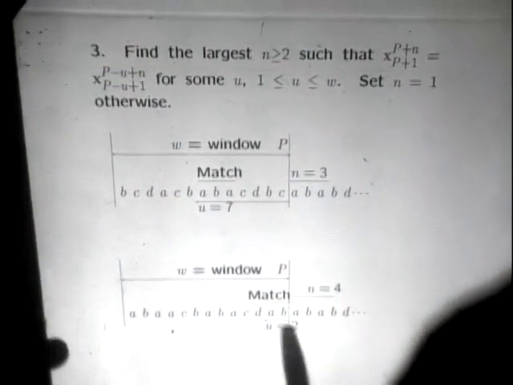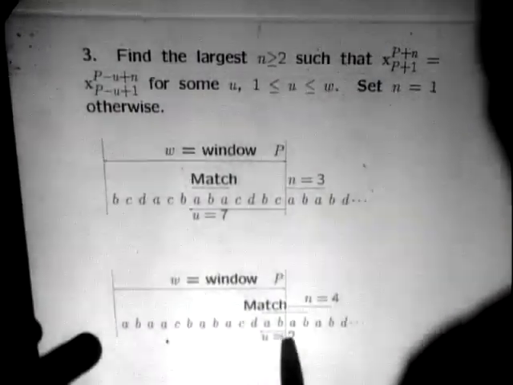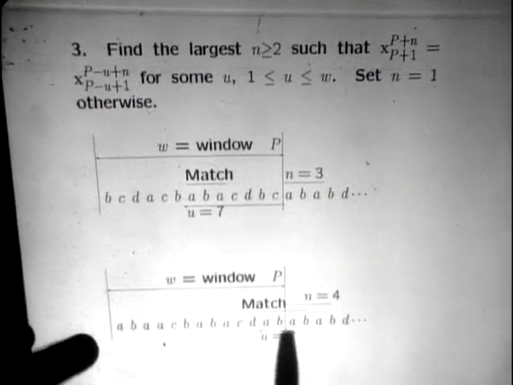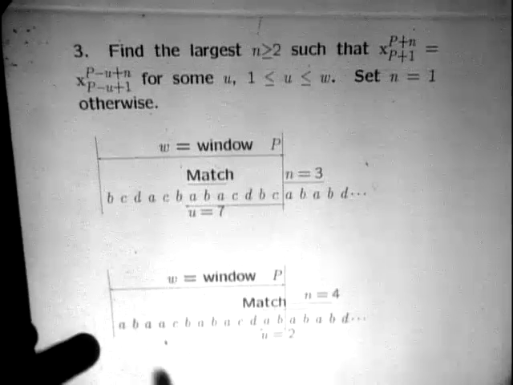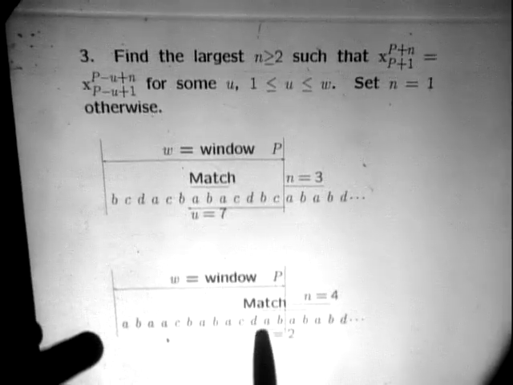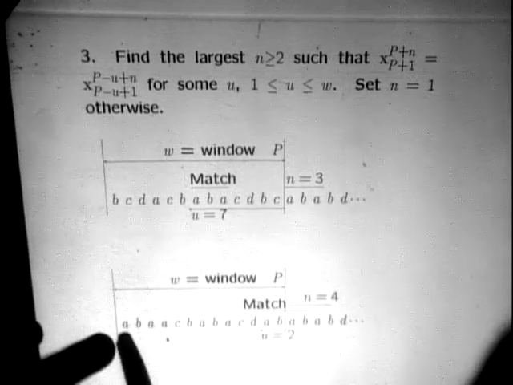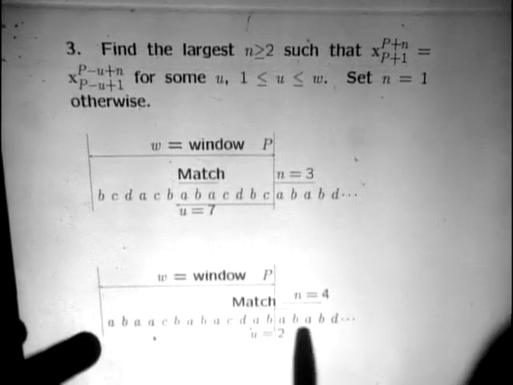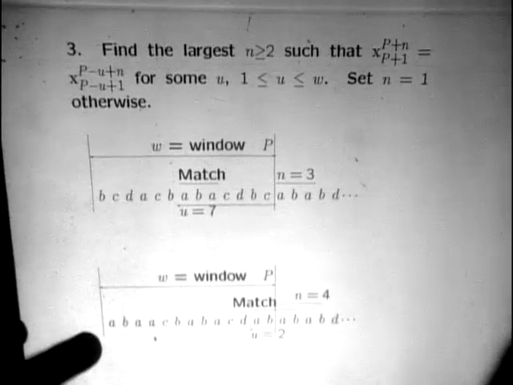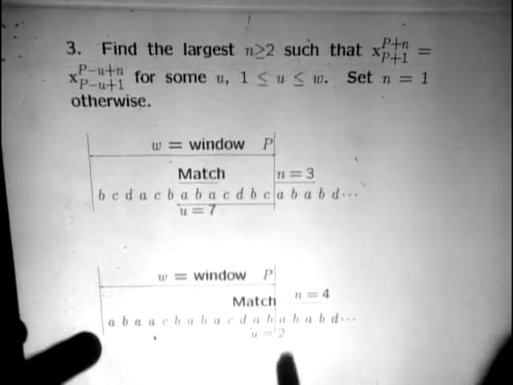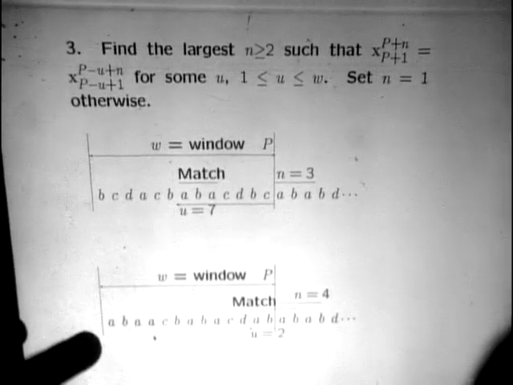It's looking for the longest string here, starting at this pointer, AB, so forth, which matches things starting somewhere in the window. So it finds a match AB here, ABA here, but now it looks for ABAB, the match of 4. And where do we find it?